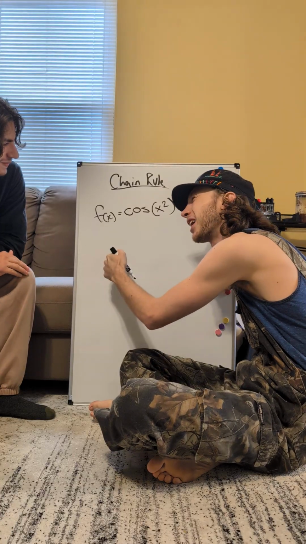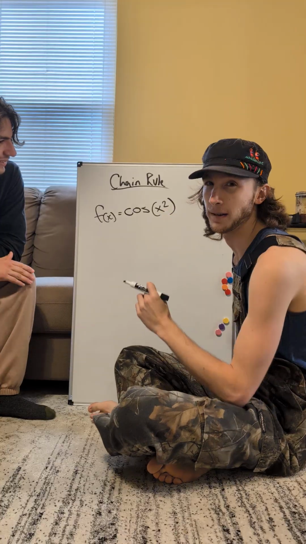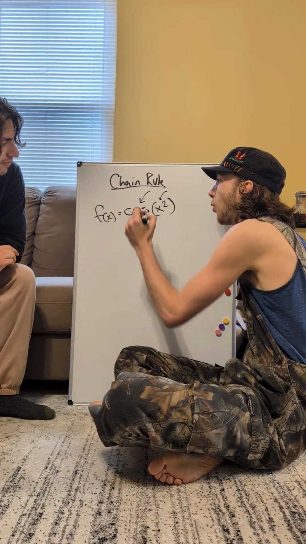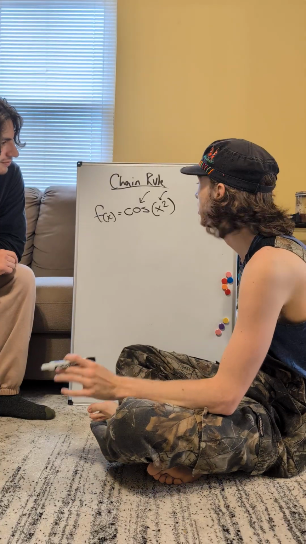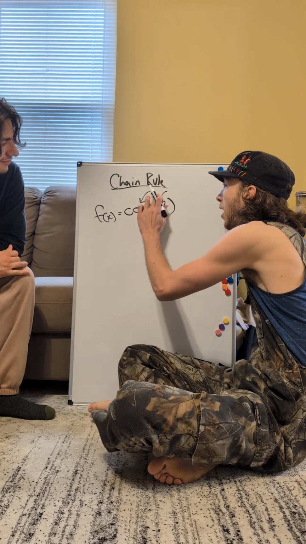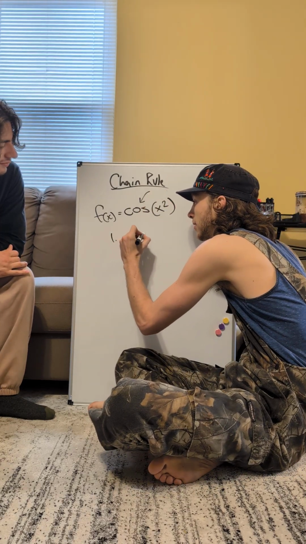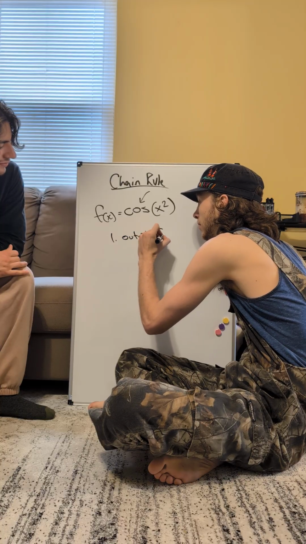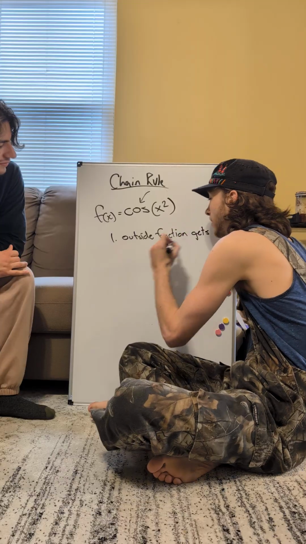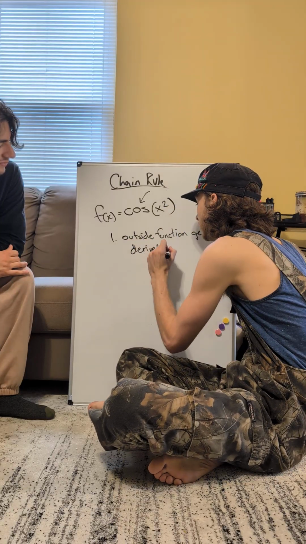So what we're gonna do is deal with the inside first, and then here's what you do. You take the derivative of just the outside function, kind of ignoring what's in the middle to start. We don't care what's inside the cosine function. So step one, the outside function gets derived.